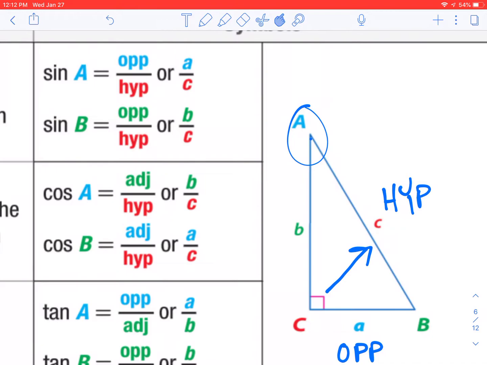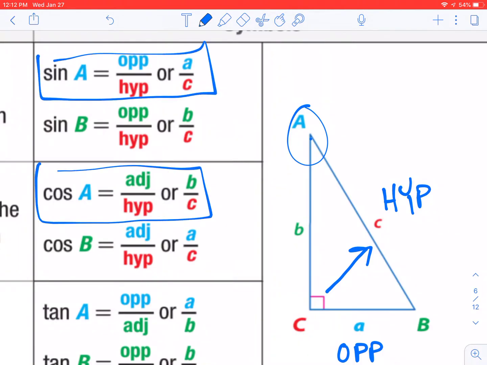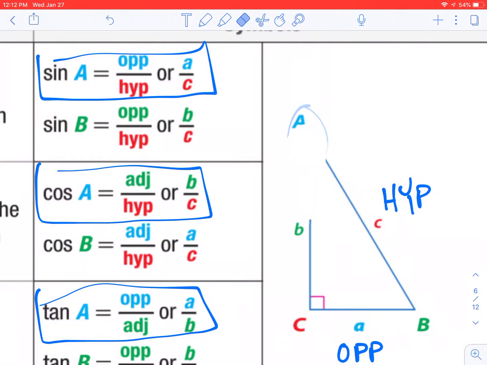Okay, we're just going to look at angle A here. If we're just looking at angle A, we know the hypotenuse and the opposite. If it's right next to it, meaning those two letters are right next to each other, the side next to the angle is called the adjacent.